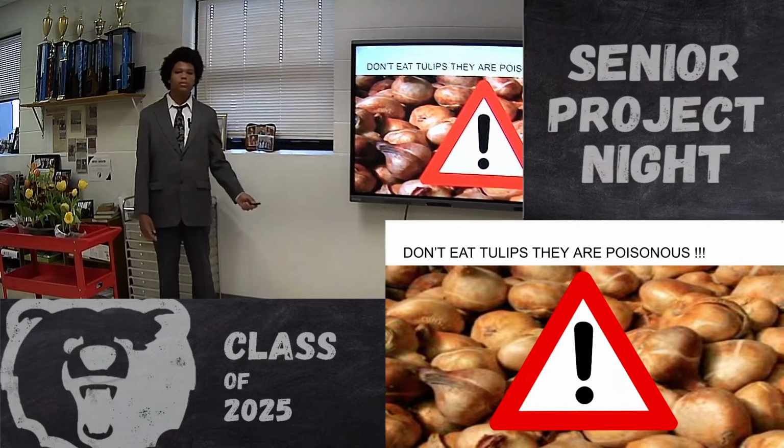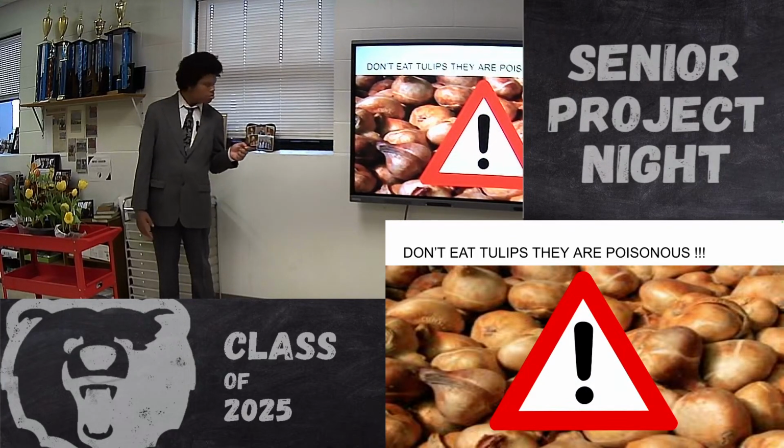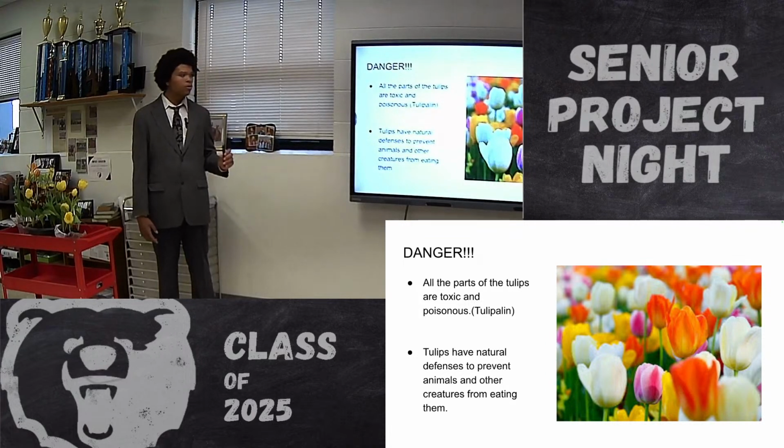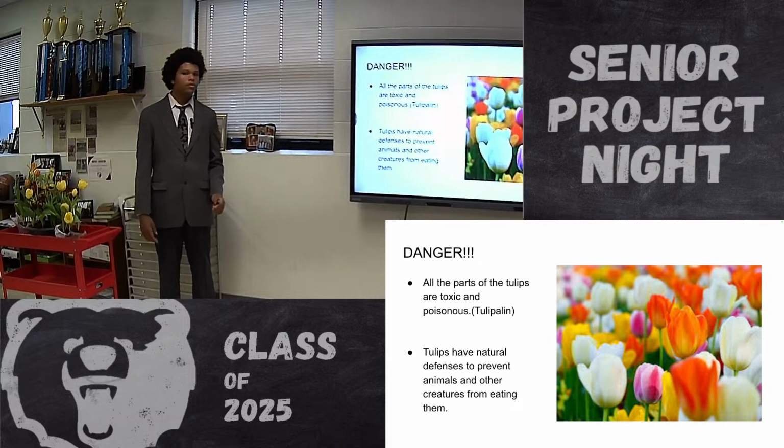Don't eat the tulips, they are poisonous. Danger: all parts of the plant are poisonous and toxic. Tulips naturally defend themselves from animals and other creatures eating them.